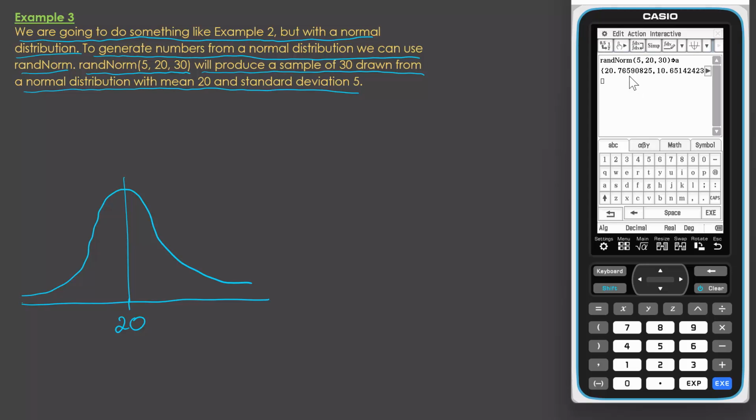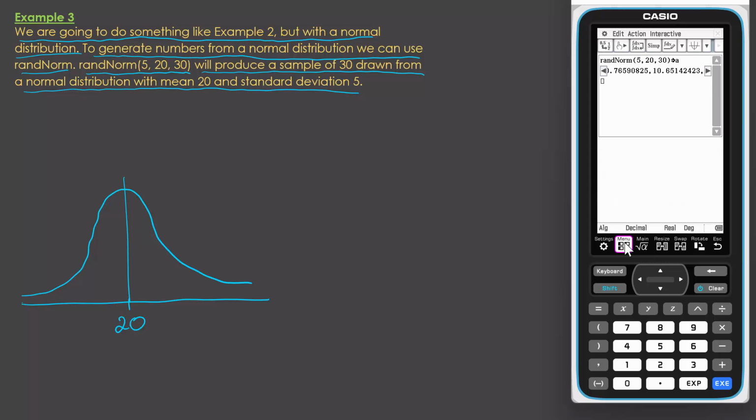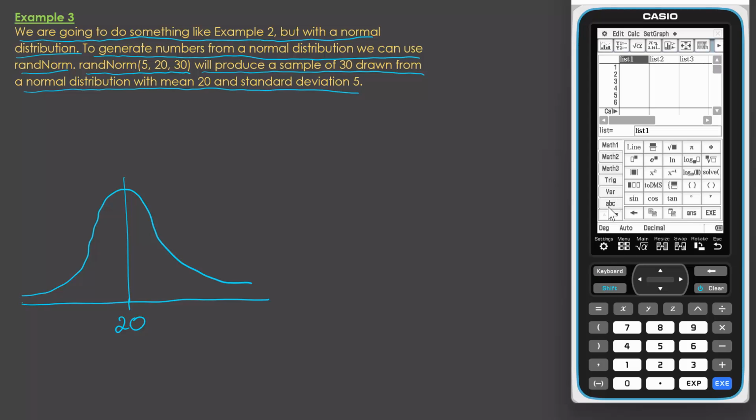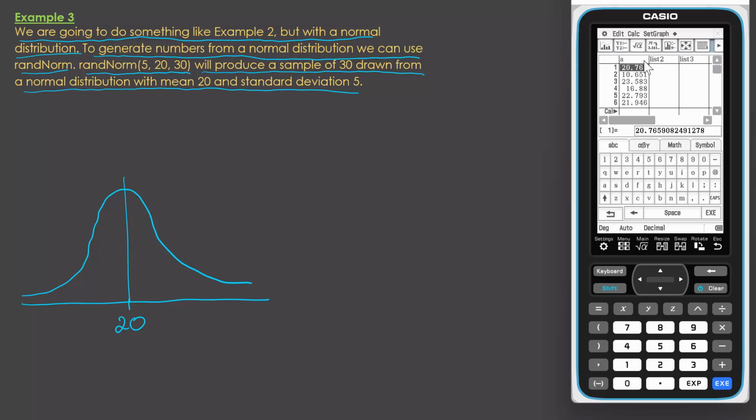And it seems to have produced for us our sample of numbers, as we can see here. Now, let's go to statistics, and in here I'm just going to type A, and execute, and here they are.